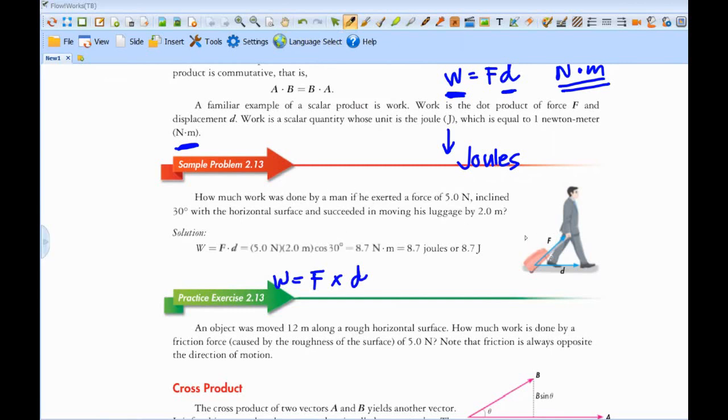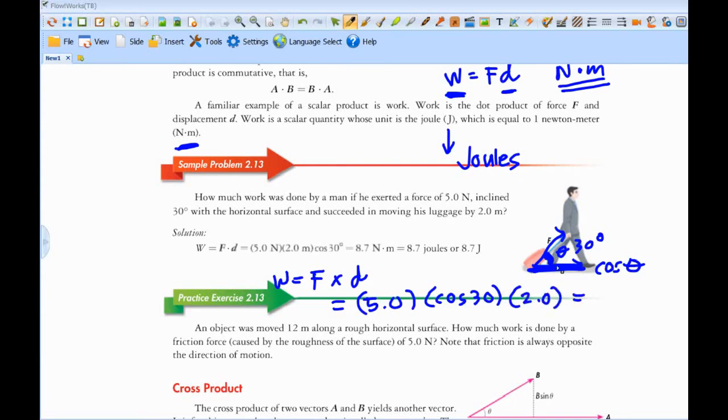But since the displacement is done with an angle of 30 degrees with reference to the horizontal, we have to use the cosine. So force is 5 newtons multiplied by cosine 30 times the distance given, which is 2 meters.